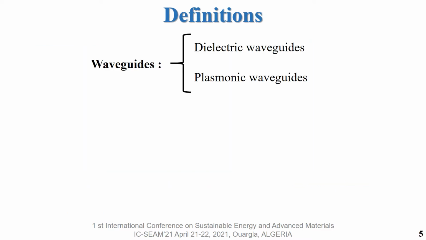We define the waveguides as optical devices which are able of guiding the light in a given direction. Waveguides could be dielectric if they are constituted by dielectric materials only, or plasmonic if they are made of metal and dielectric. While the nanocoupler is defined as an optical device intended for confining the electromagnetic waves or splitting one input signal into two or several output signals.